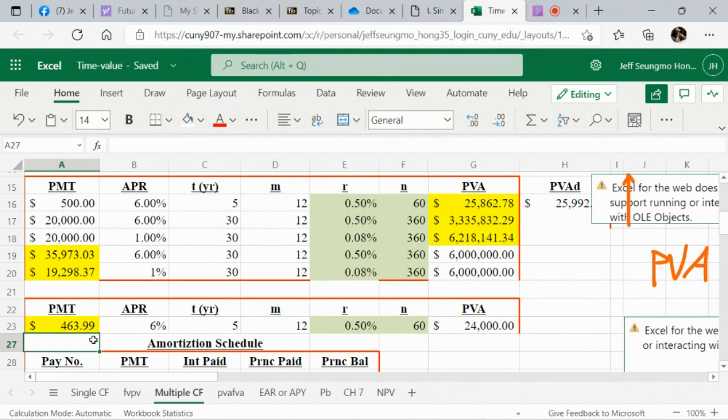If it is 464, then you are almost overpaying $36 every month, right? You're overpaying $36 every month.